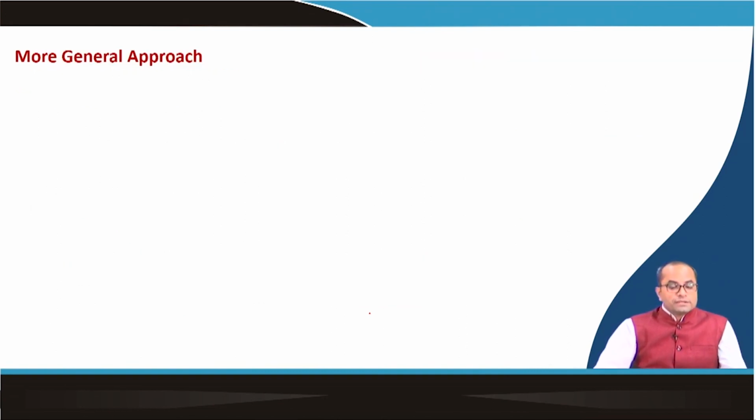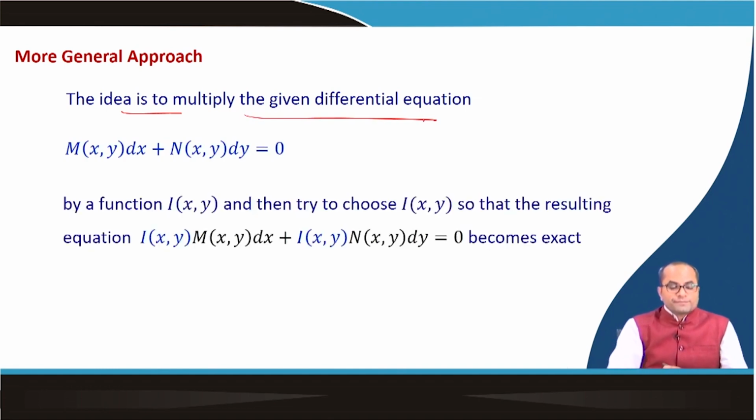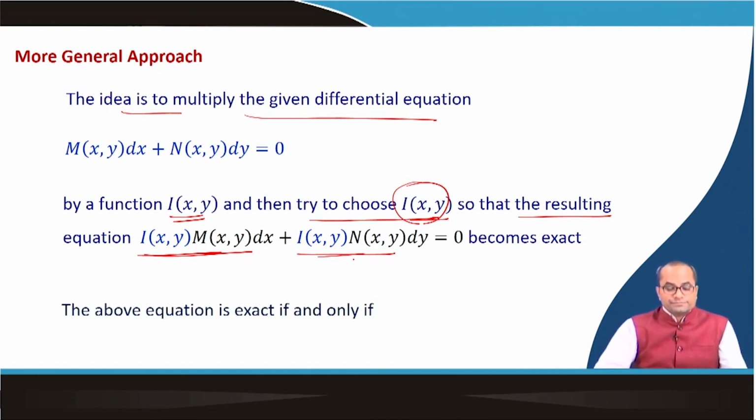Well, a more general approach for finding these integrating factors: the idea is to multiply the given differential equation by a function I(x,y) and then try to choose I(x,y) so that the resulting equation, this is after multiplication, becomes exact, and we know the condition for exactness.